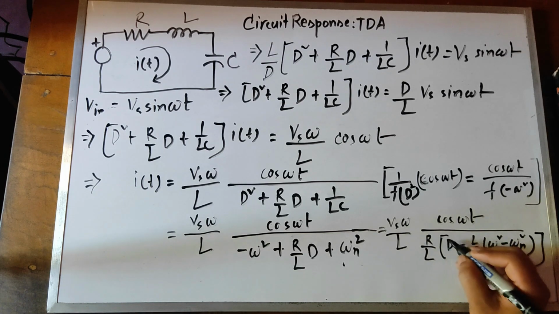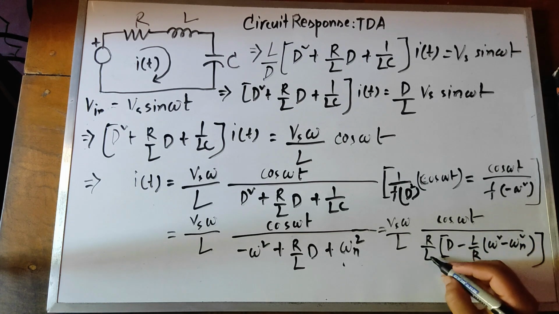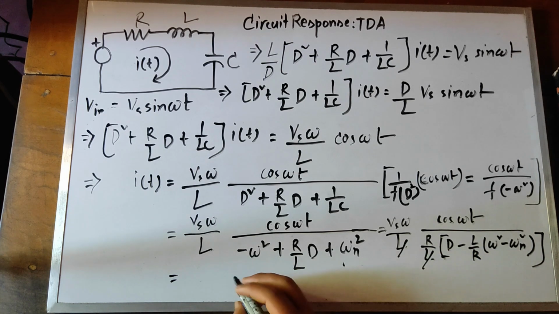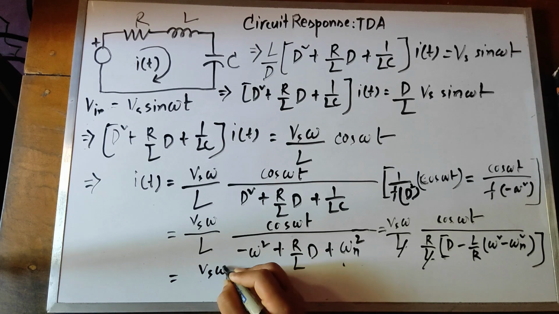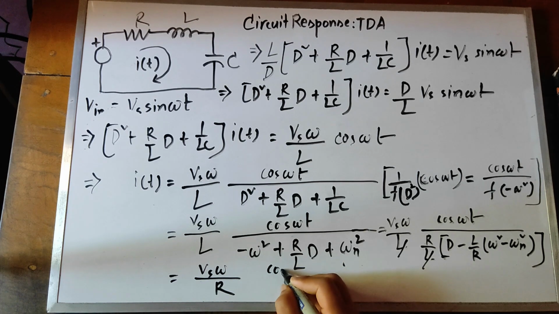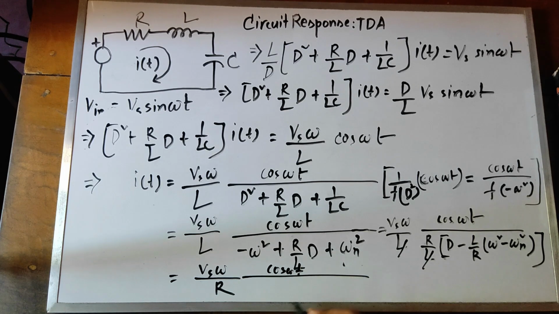I hope you understand what I have done here. So this L and L will cut out and it will leave us with Vs omega by R, cos omega t by D minus L by R (omega squared minus omega n squared).